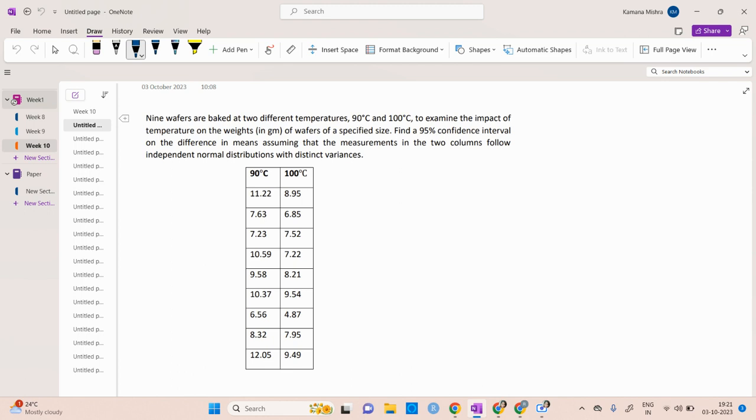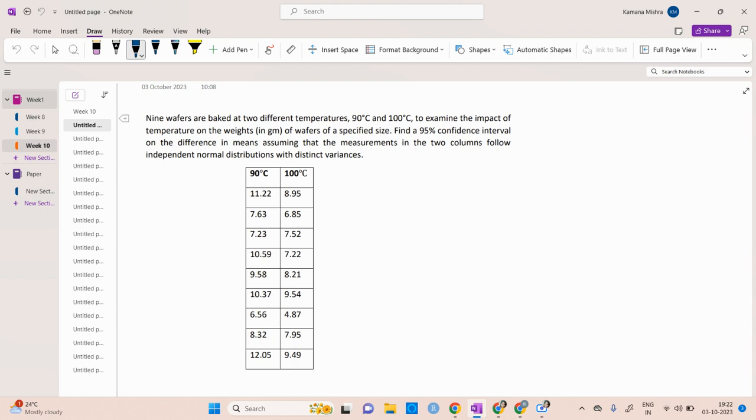Now, I just need to tell you that there are many cases. When you go to interval estimation, if you go through the estimation lectures, there are a lot of cases: your variance is known, or sometimes your variance is unknown, your mean is known, and there are different things.